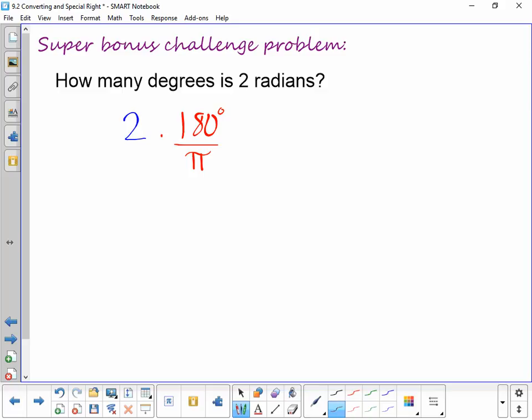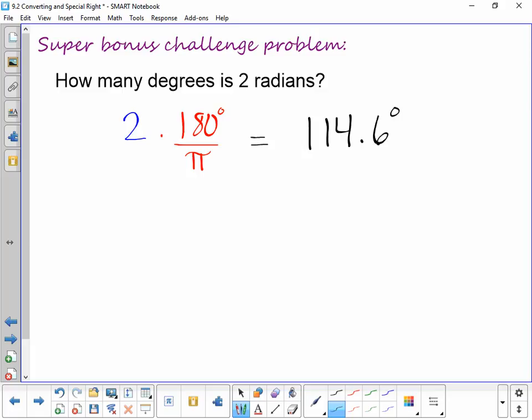When we do this, you might notice that there is no pi to reduce. That's fine. It just means my original angle wasn't in terms of pi. So we can still calculate this. We'll type into our calculator 2 times 180 divided by pi, and we find that it is about 114.6 degrees.